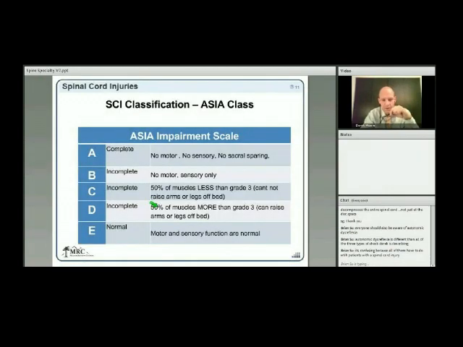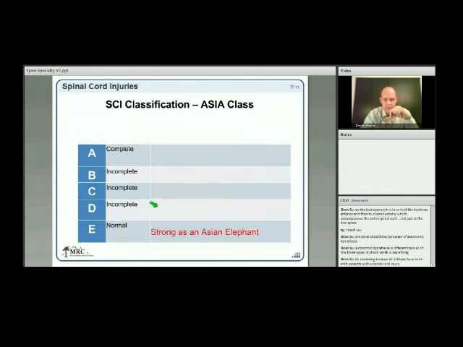So it's very likely that you're going to be asked a question on spinal cord injuries, and you're going to have to classify it based on the ASIA impairment scale. The ASIA system is very simple. You just want to write down on a piece of paper A, B, C, D, E. Just remember, E is normal, strong as an Asian elephant.